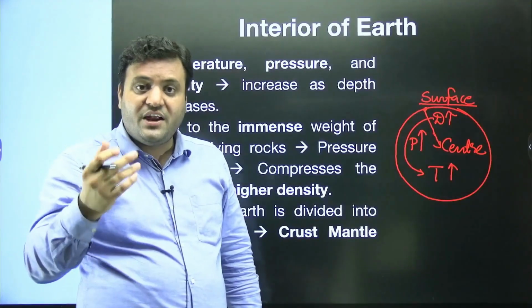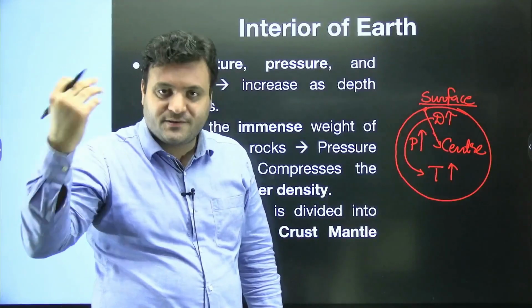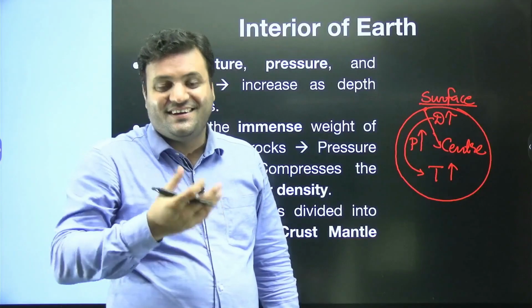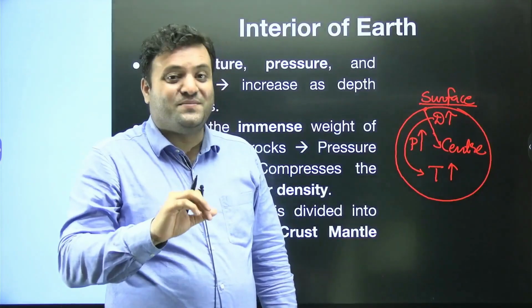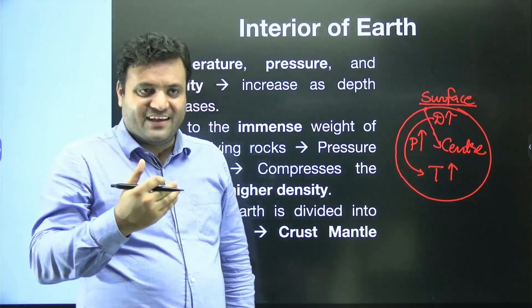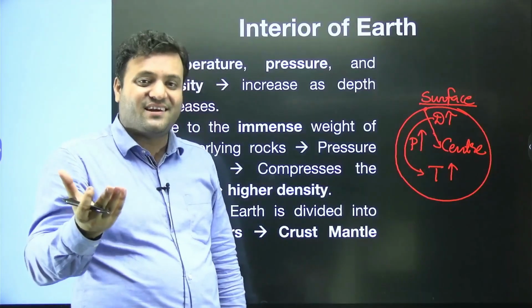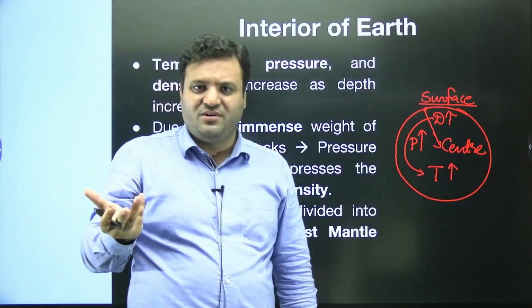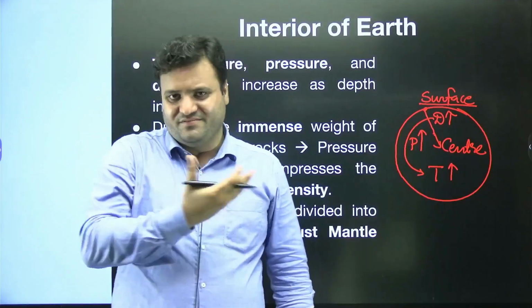Beyond that, you can find pro max kind of densities, temperature, and pressure in the rock. But as far as human capacities are concerned, we have dug up to a depth of 12 kilometers, which I discussed just a while ago.